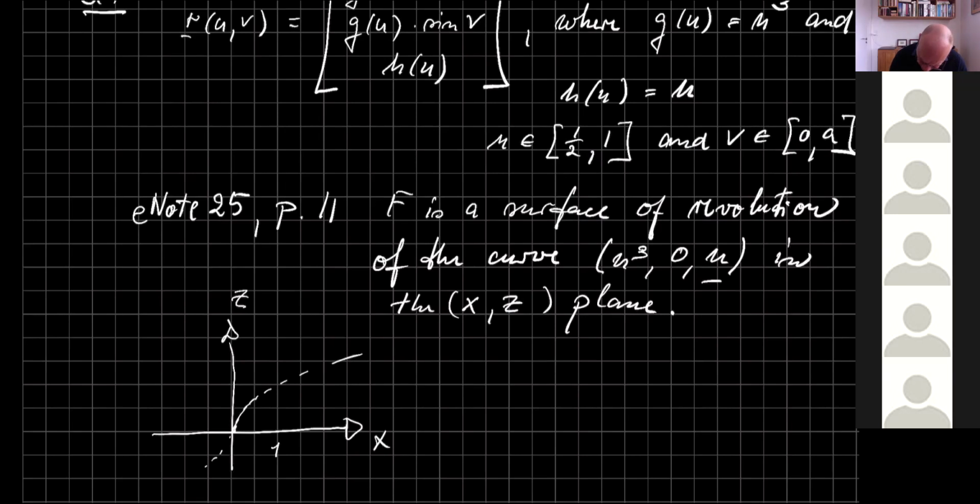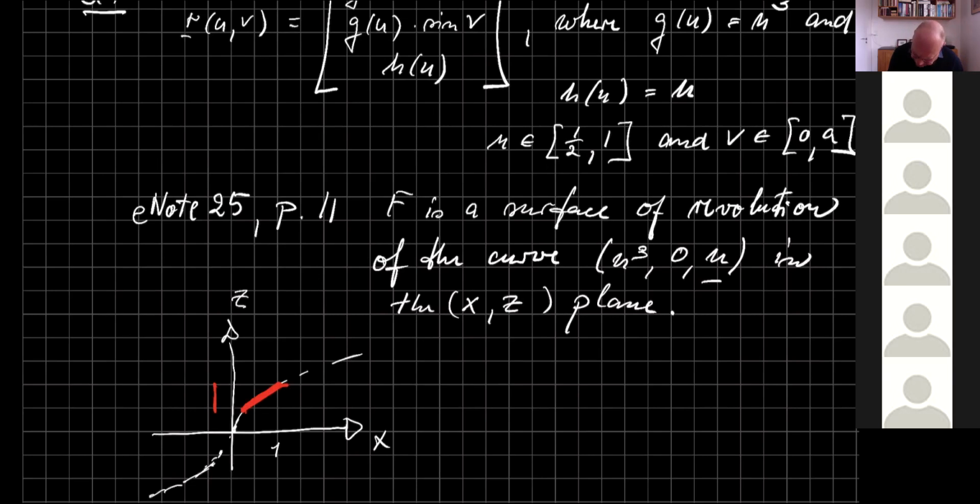This is the general cubic curve. But you see that z is running from 1/2 until 1. That is this part here. So it is this part of the curve that is rotated around the z-axis in order to give this surface of revolution.